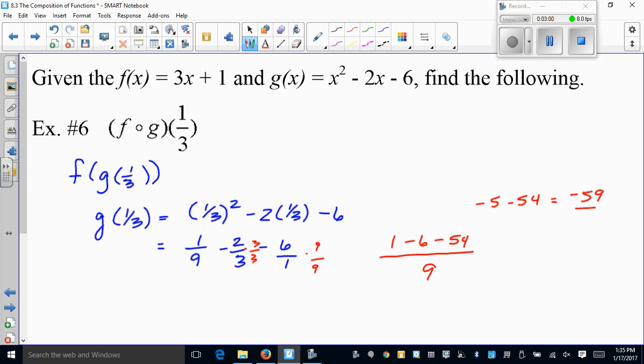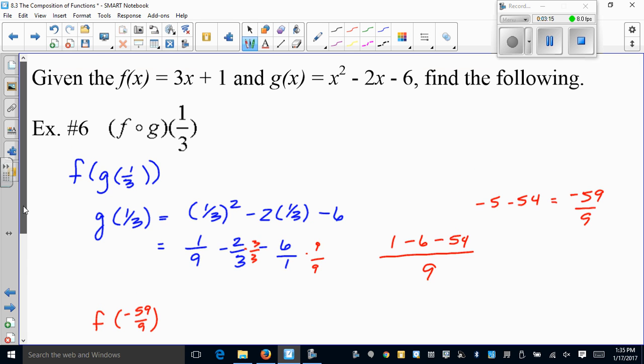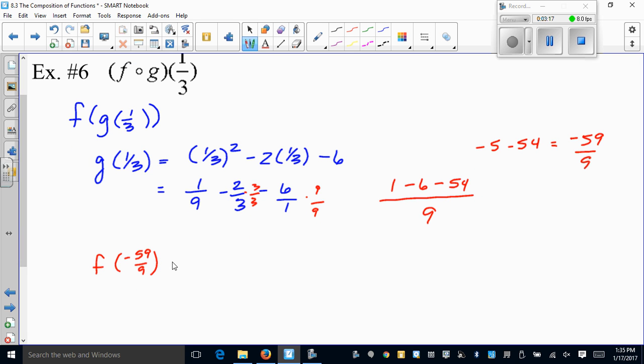That's g at 1/3. I need f at 1/3, or f of g. So now I do f at -59 over 9. f is 3x plus 1, so it equals 3 times -59 over 9 plus 1. This is going to reduce with this guy and leave it as 3.